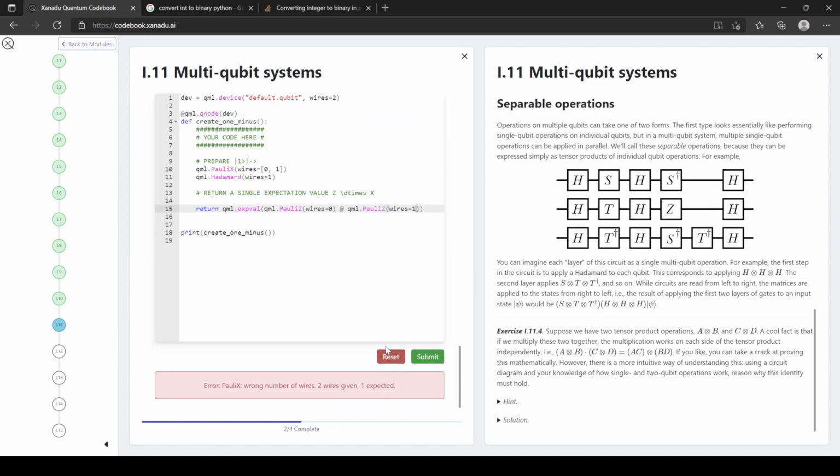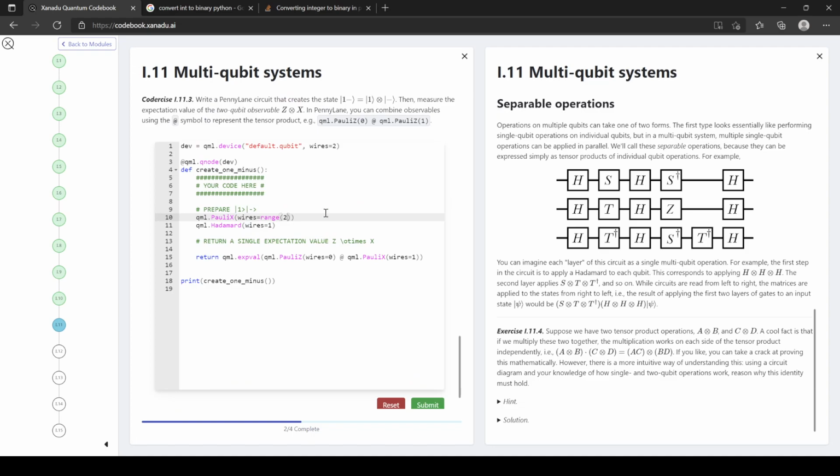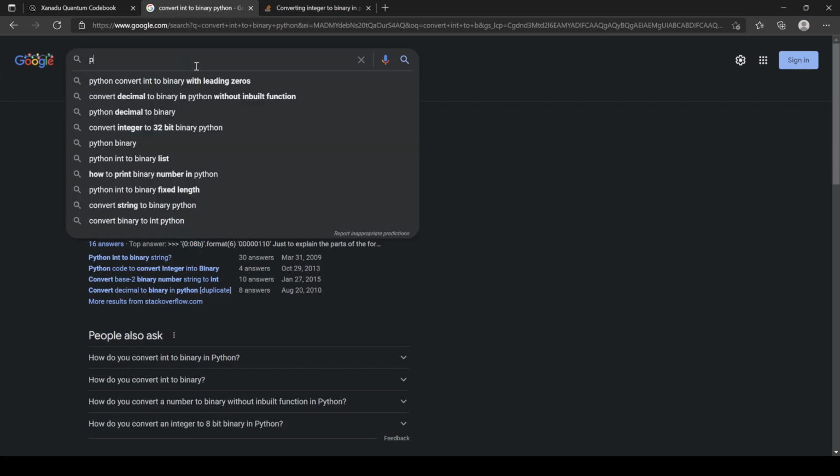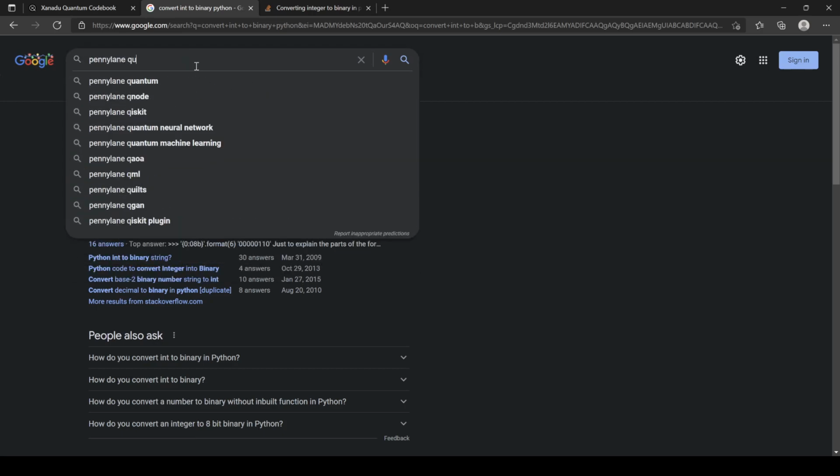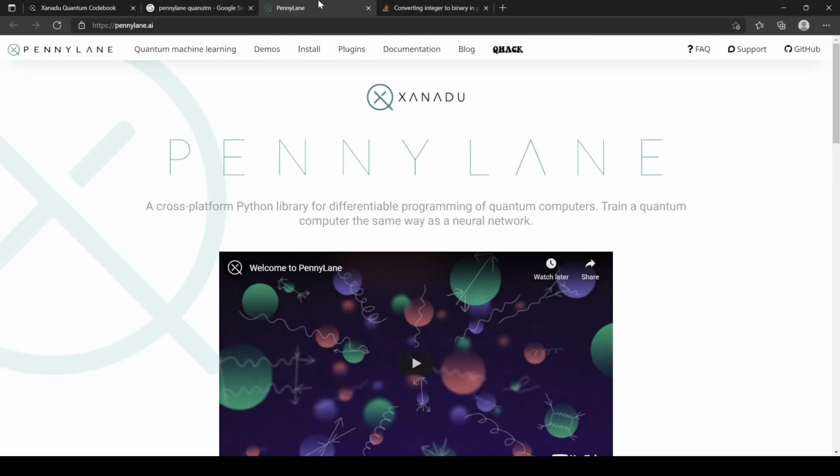Let's see if that is Pauli X. Oh, that's right, I don't know why I did Pauli Z there. What do I have to do? Can I really not do a Pauli X gate on multiple qubits simultaneously? There's got to be a way to do that. That's so ridiculous if I can't do that.